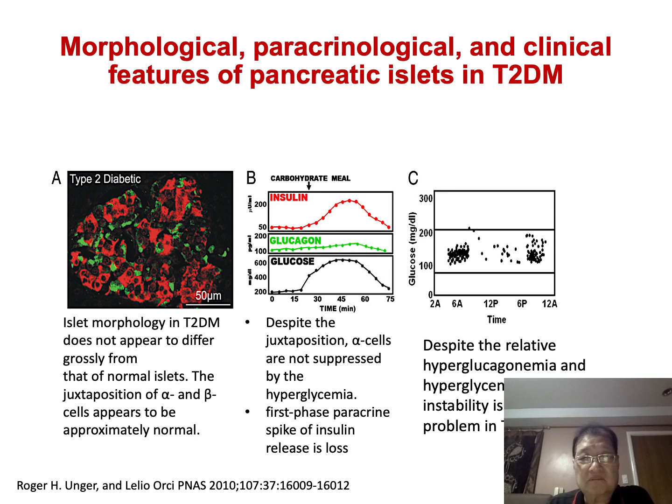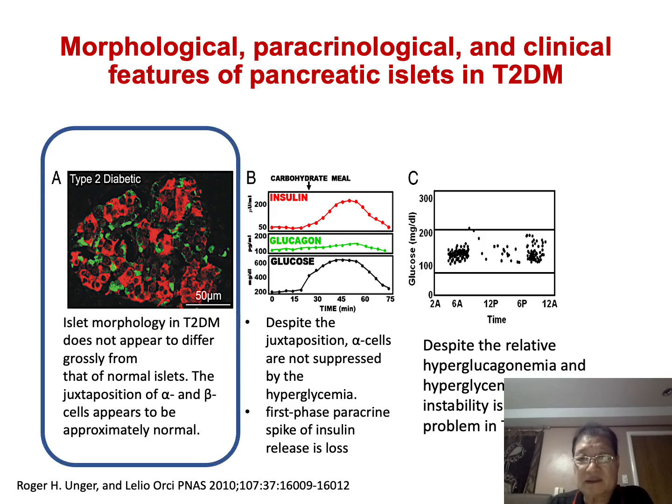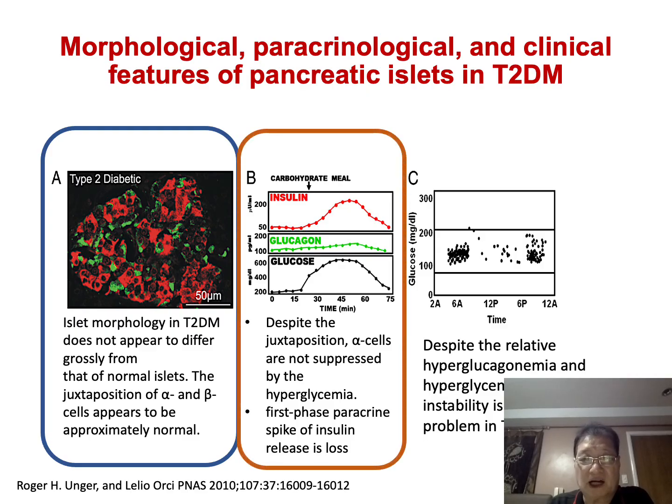So, morphological, paracrinological, and clinical features of pancreatic islet in type 2 DM. A. Islet morphology in type 2 DM does not appear to differ grossly from the normal islets. The juxtaposition of alpha and beta cells appears to be approximately normal. B. Despite the juxtaposition, the alpha cells are not suppressed by the hyperglycemia.